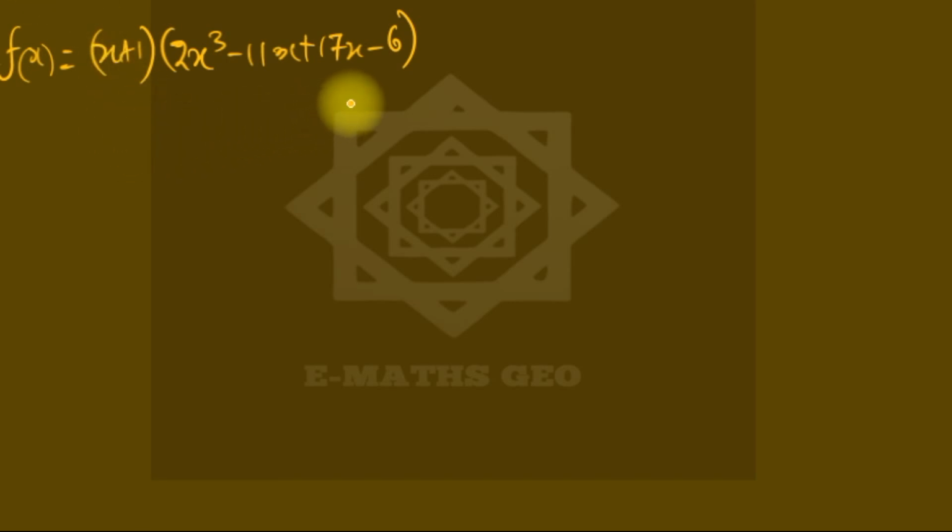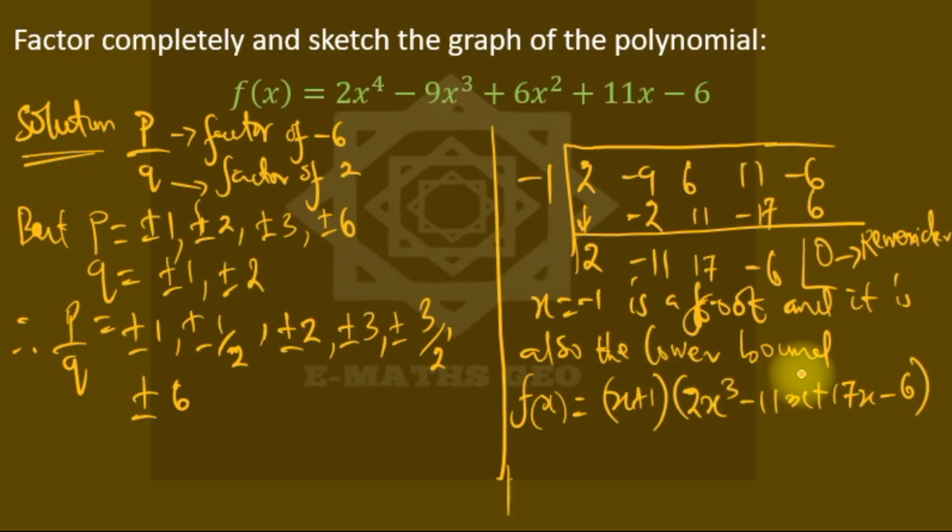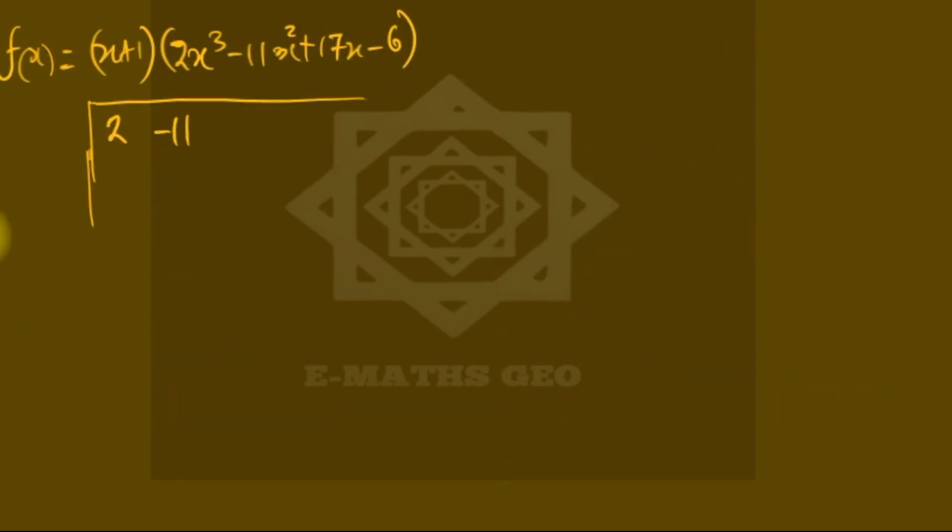I'll write the coefficients of this, because this is already factored. 2, minus 11, plus 17, minus 6.